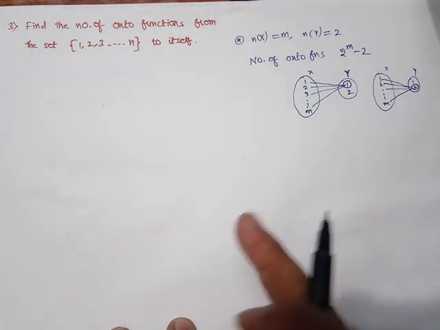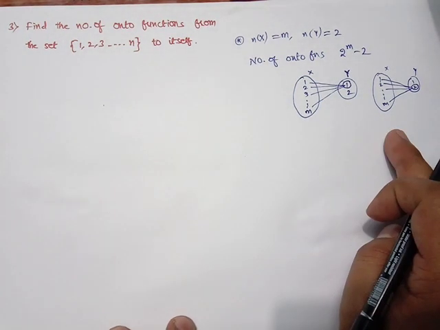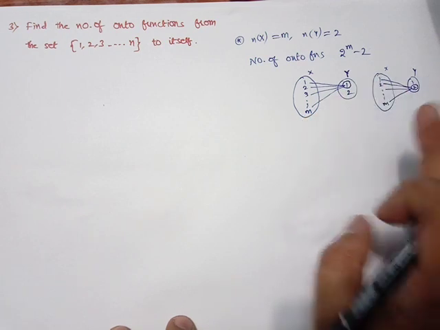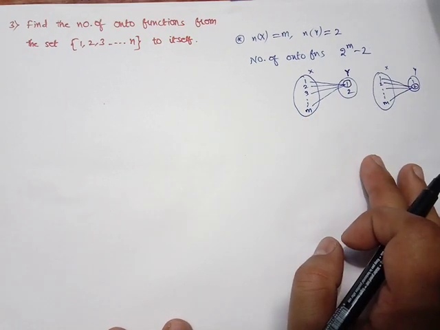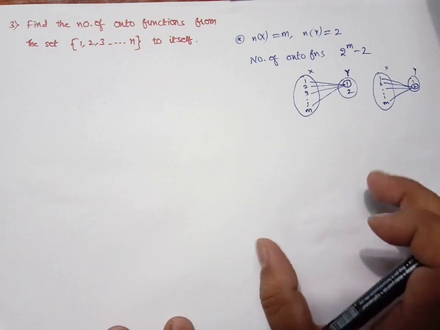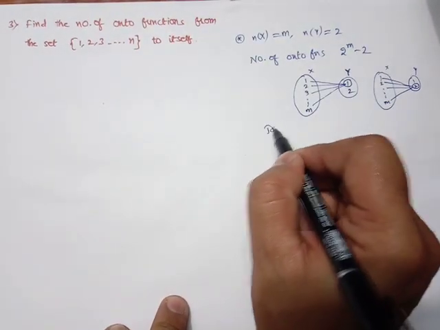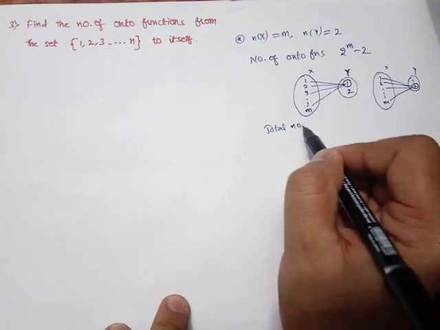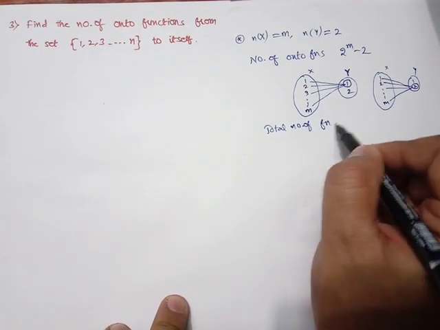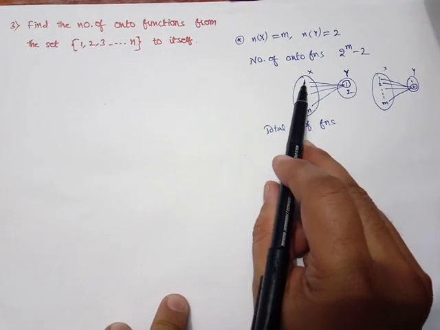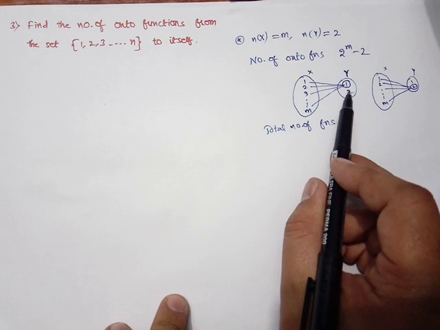And in the remaining cases, excepting these two, if the elements of set x are related to 1 and 2 both, then those are going to be onto. Total number of functions are going to be: the first element will have two chances, one can go to 1, one can go to 2.